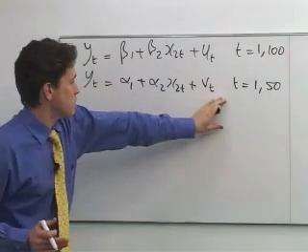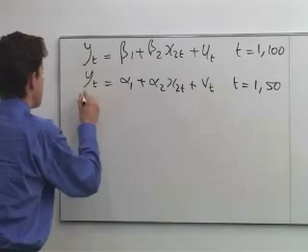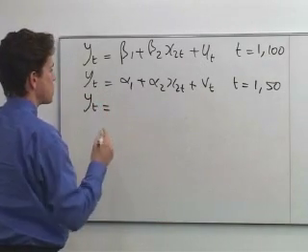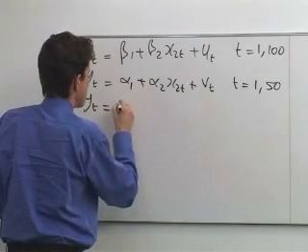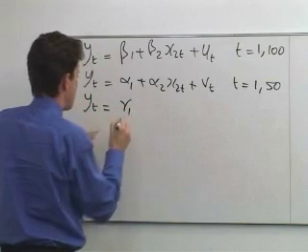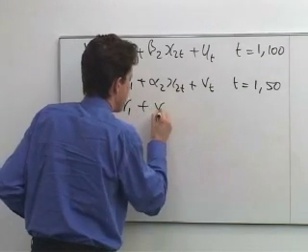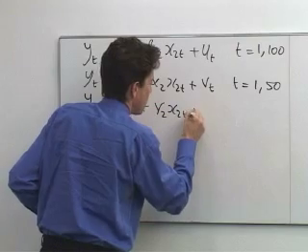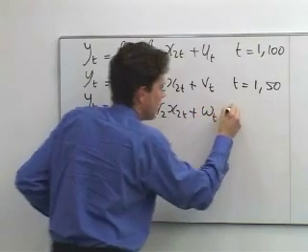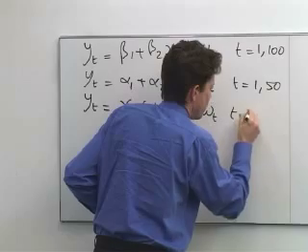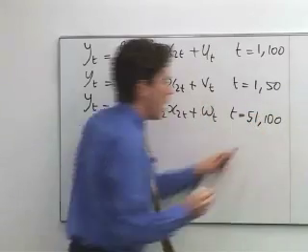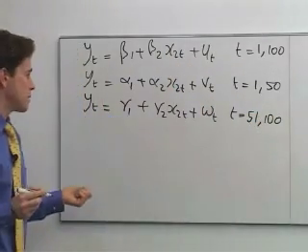So this will be the regression for our first subsample. We could then estimate another regression for the second subsample, and let's call the parameters gamma. So we'd have yt equals gamma 1 plus gamma 2 x2t plus, well, wt, let's say. And now t runs from observation 51 up to observation 100.